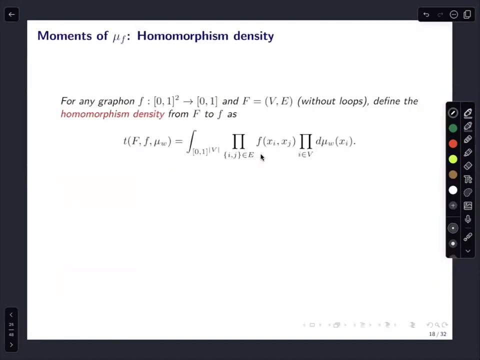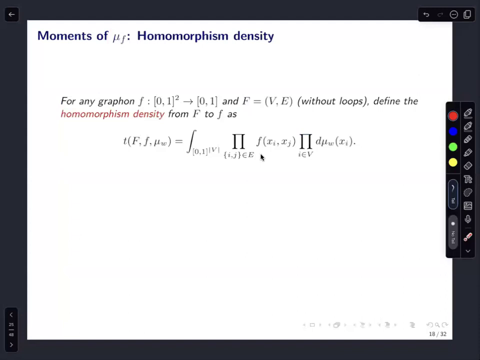So what about more general properties? One of the properties we want to study is the moments of this mu f. To describe the moments, I will resort to what are called homomorphism densities. This relates a bit with what Clara was talking about, where you had to count subgraph counts, but this is a subgraph count in a more generalized setting. Suppose I'm given a graphon, which is nothing but a measurable function from this space to this space which is symmetric, and you take F to be a finite graph.